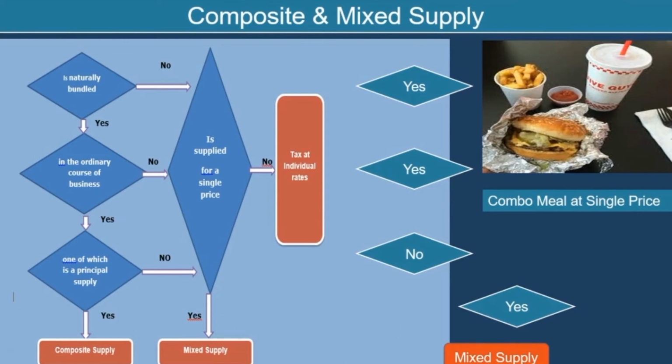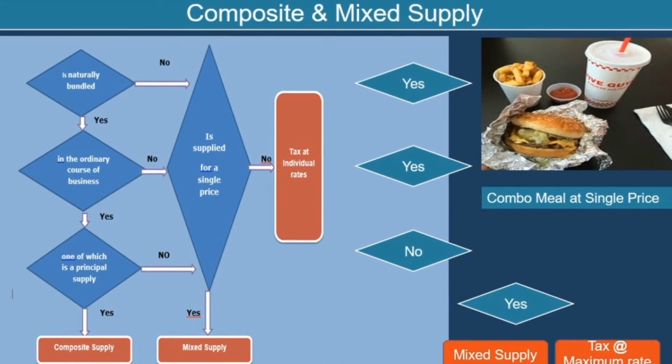And as we discussed, in case of mixed supply, what is the rate of tax applicable? The tax at the maximum rate among these 3 or 4 items. So if these 4 items have, say, 5%, 12% and 18% rates, then 18% is the maximum, and 18% will be chargeable on the entire price of this combo meal.